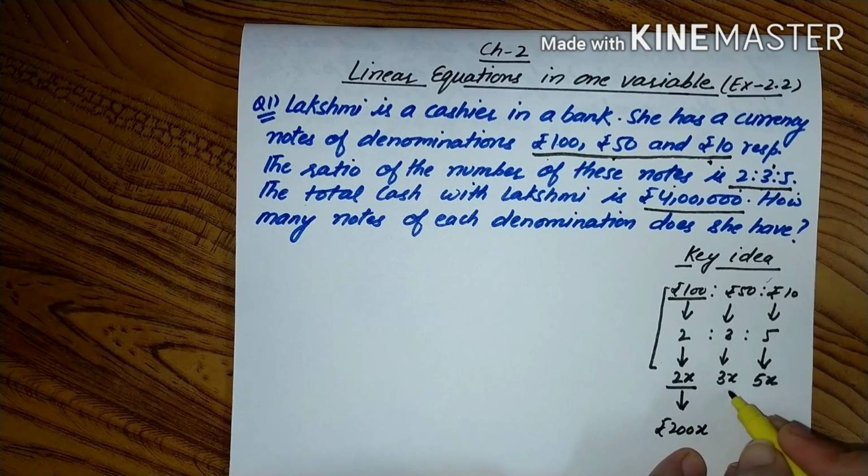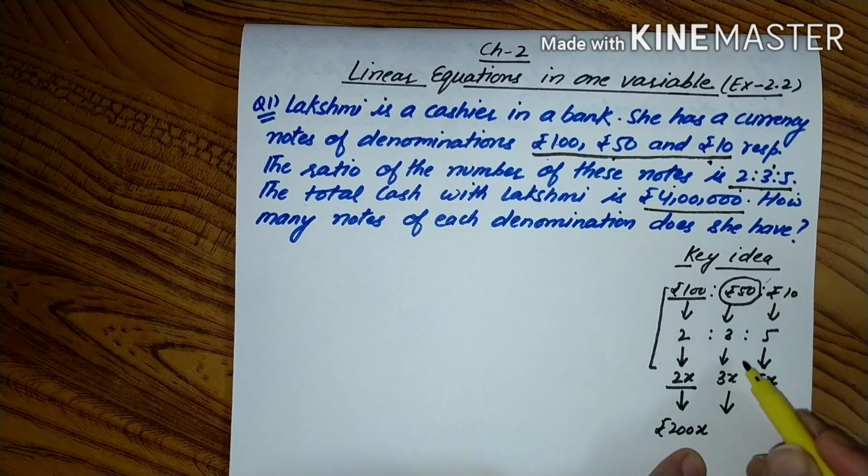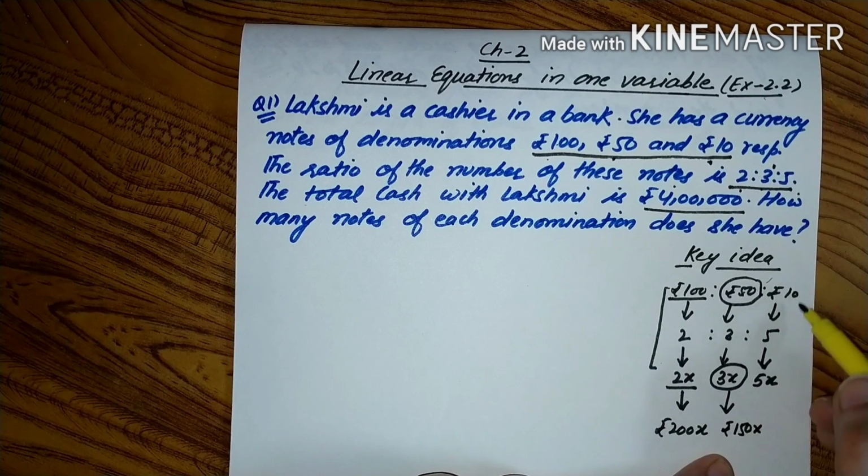From rupee 50 we will get rupee 50 into 3x, that is rupee 150x. And from rupee 10 we will get rupee 10 into 5x, that is rupees 50x.